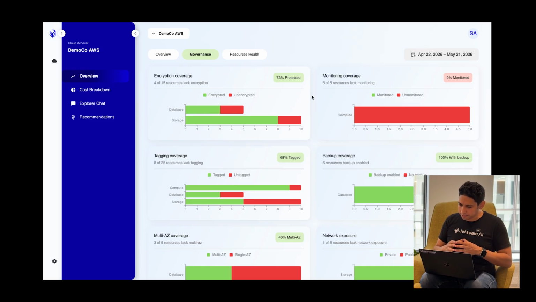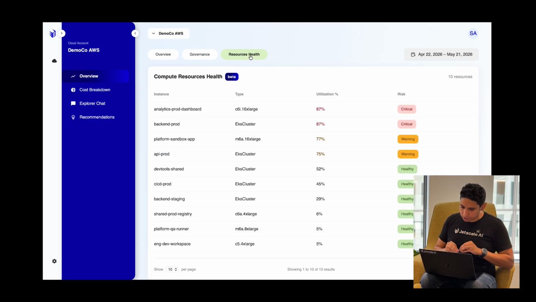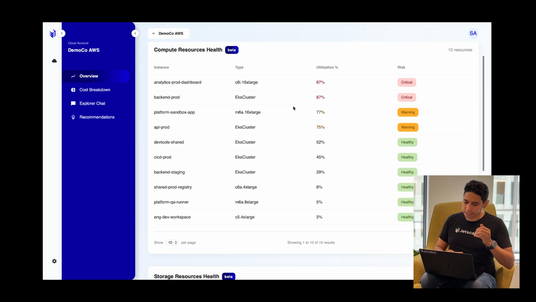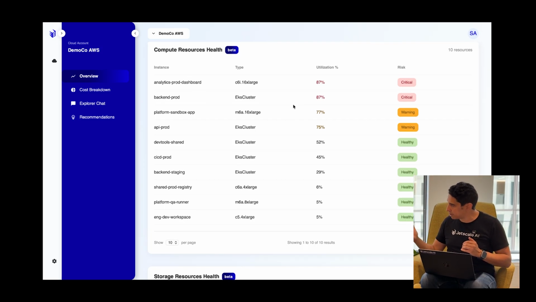So we built a tool to have an overview on everything related to governance, like encryption, what is monitored, what is not, what's tagged, what's not. And finally, we concentrate all the actionables in one place that we call, for example, resource health. It gives you the list of the resources and what's critical to fix and many more.